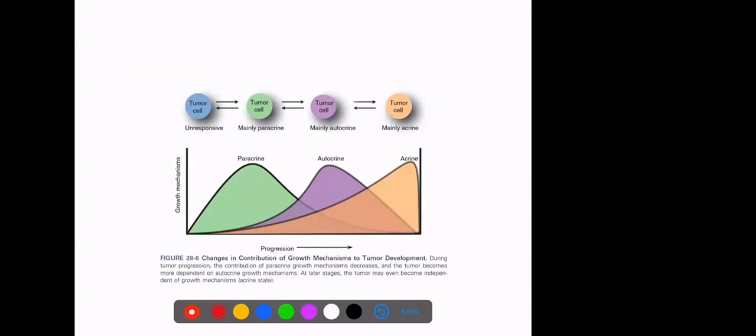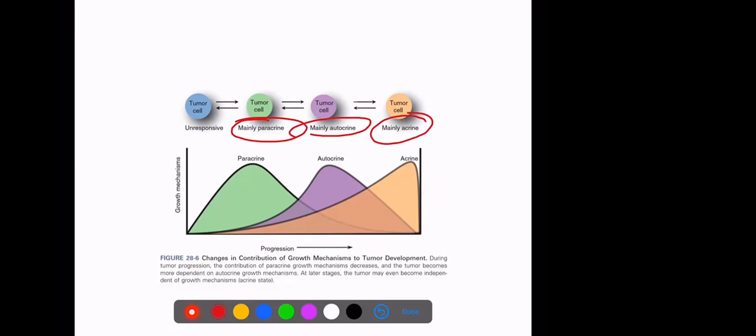So as I told, different types of signals are produced by tumor cells for the further growth of the tumors. During the initial stages of tumor progression, it is mainly paracrine factors which cause the tumor progression. At an intermediate stage, you have mainly autocrine factors, and at last, the tumor becomes mainly acrine.